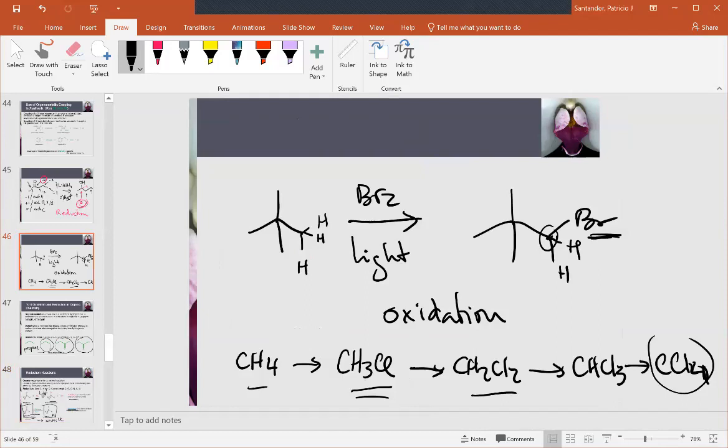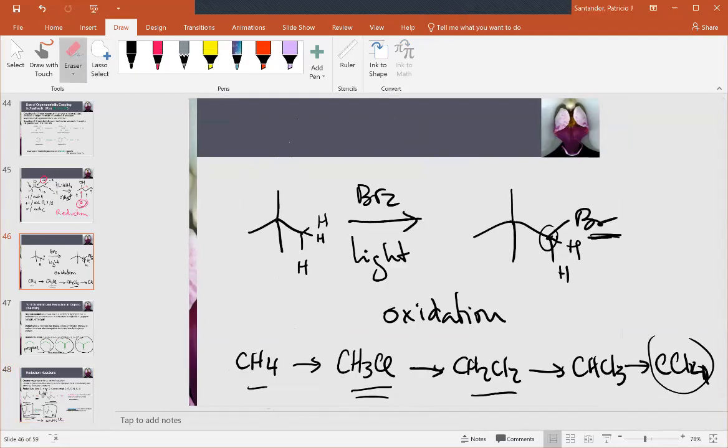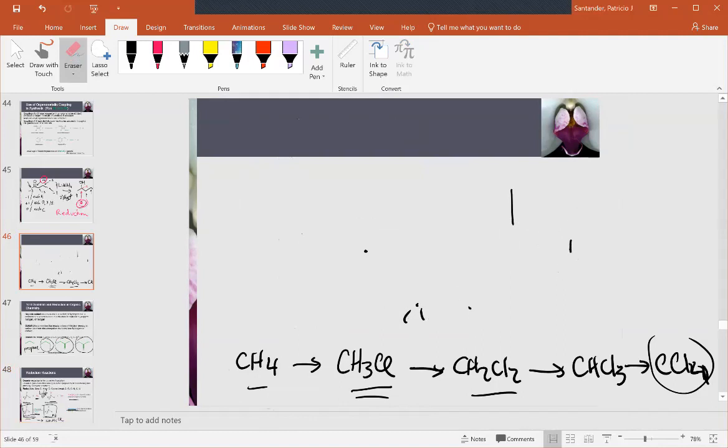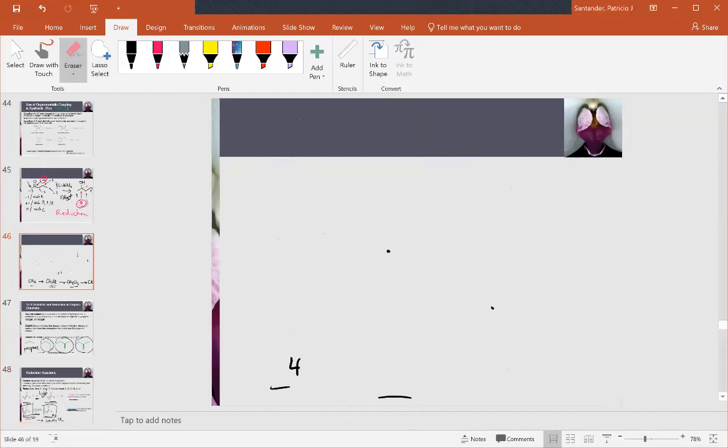Before I go, let me just show you some tricky cases of oxidation and reduction. Let me just erase a little bit here. Somehow I cannot erase those. There, okay.